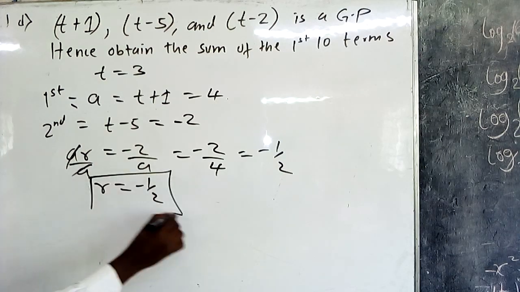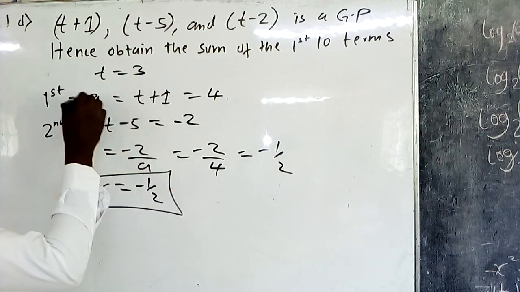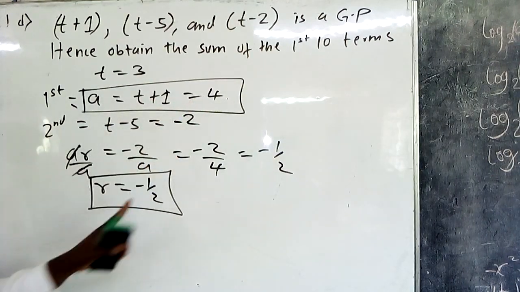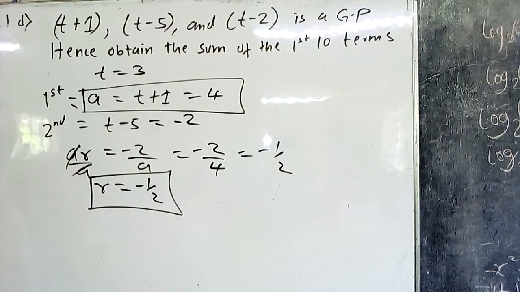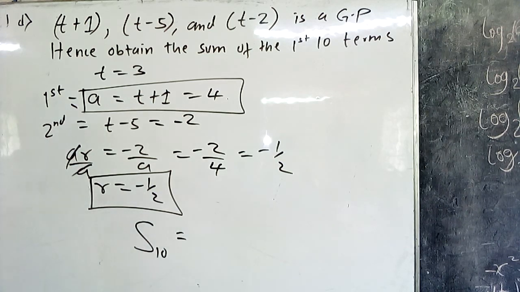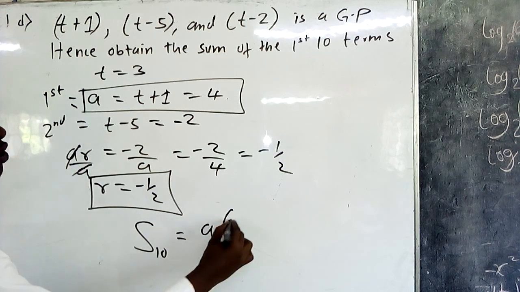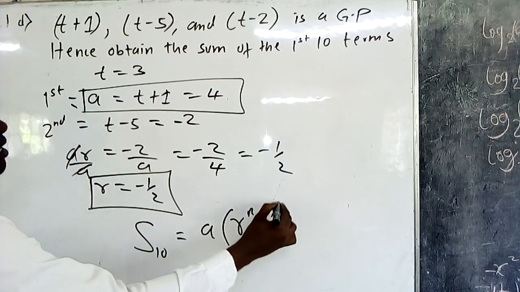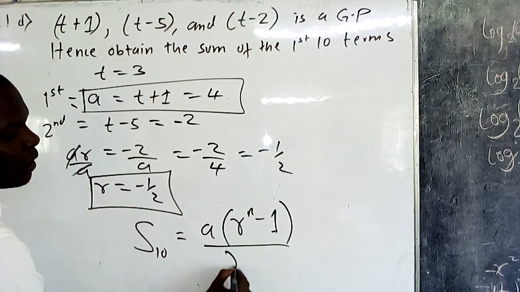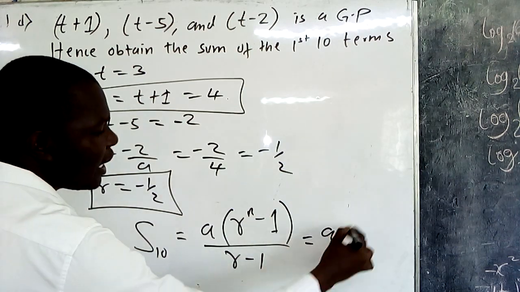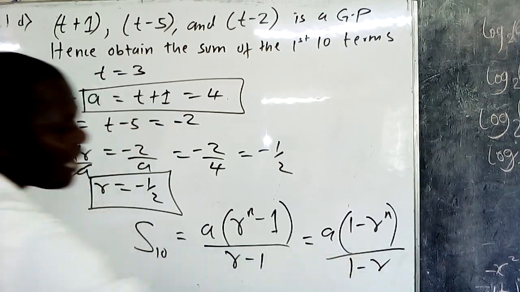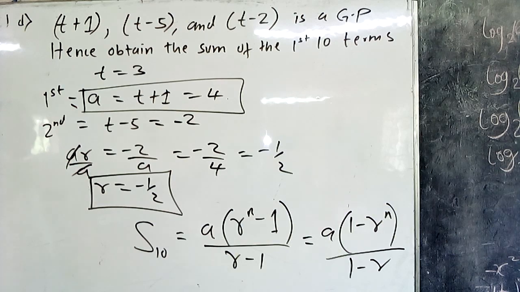So what we need is the common ratio R and the first term A, isn't it? So A is 4, R is negative 1 over 2. So the sum of the first 10 terms of the GP, S10, is given by what? A into R raised to power n minus 1 over R minus 1, or A into 1 minus R raised to power n over 1 minus R, isn't it?